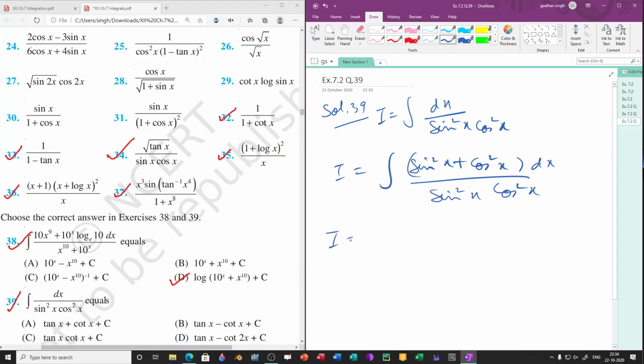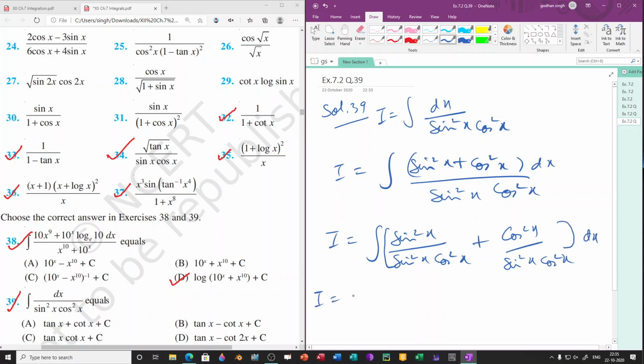So separating them, we will be getting I equal to sine square x over sine square x into cos square x plus cos square x over sine square x into cos square x, and this is dx.